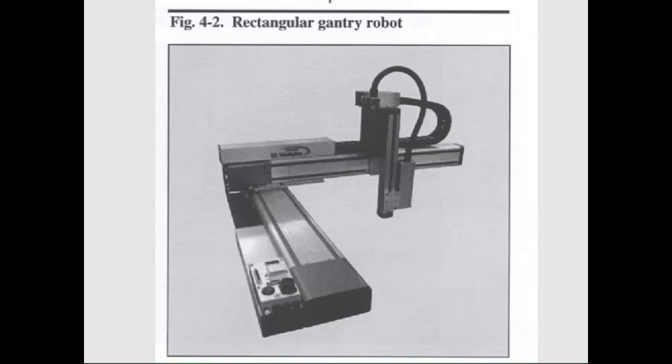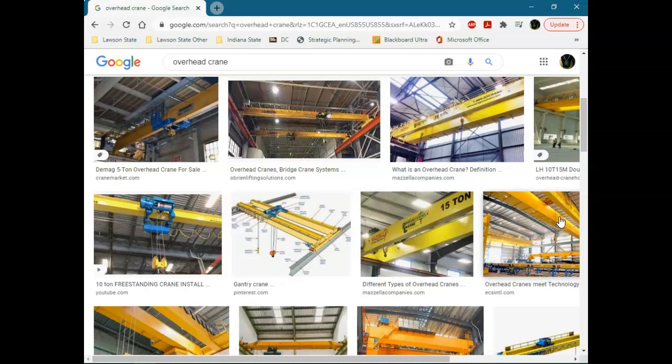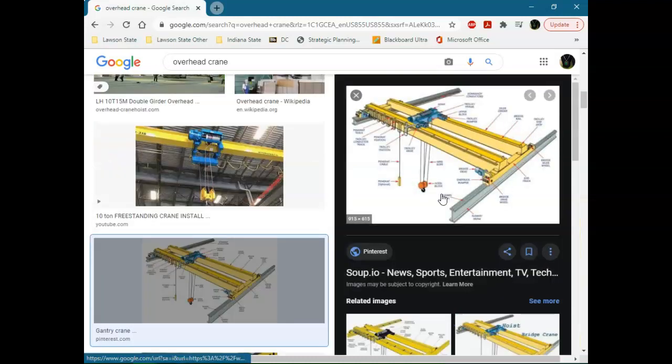Let's see if I can pull this up real quick. This is what I mean by an overhead crane. These big guys. Their movement this way, so if we look at this picture in particular, their movement front to back is their slowest axis.